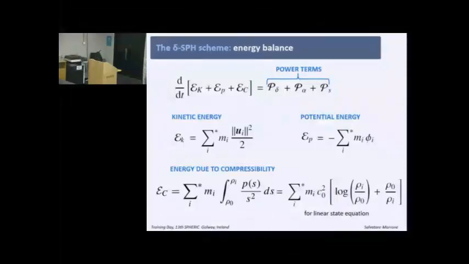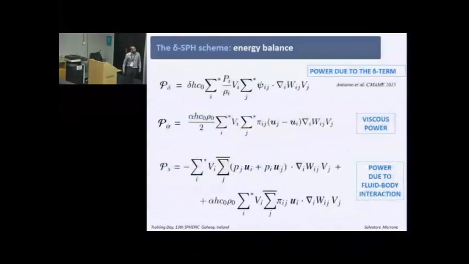In the delta-SPH scheme, the time variation of this energy is due to 3 different power terms. P delta is the power due to the delta term, the dissipated energy due to the diffusive term inside the continuity equation. The shape of this expression has been shown in this paper, and it comes out just from writing the energy equation for the system. It has been shown to be a dissipation of energy because we are adding diffusion.